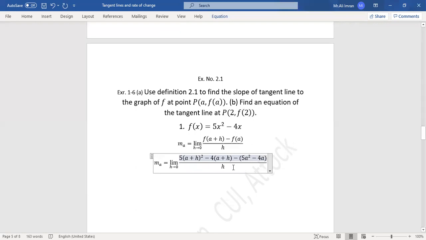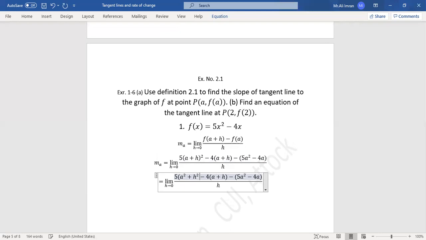Now we will simplify this by opening the square. It will be equal to 5 times a square plus h square plus 2ah.